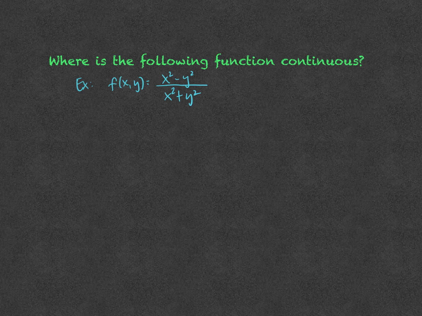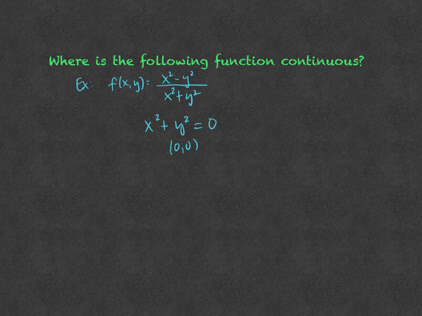So let's look at a few examples. The question is, where are the following functions continuous? The first one, f of x,y equals x squared minus y squared over x squared plus y squared. One place we find discontinuity is when the denominator is equal to 0. The point 0,0 makes it discontinuous because it's not defined at 0,0.